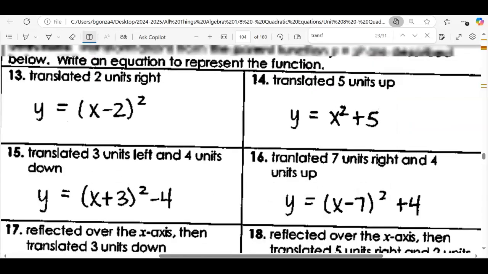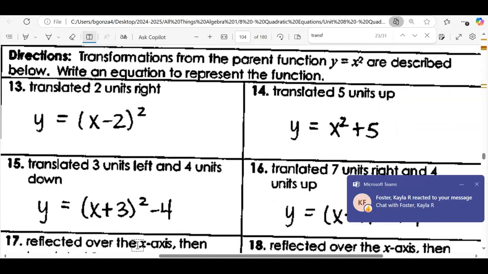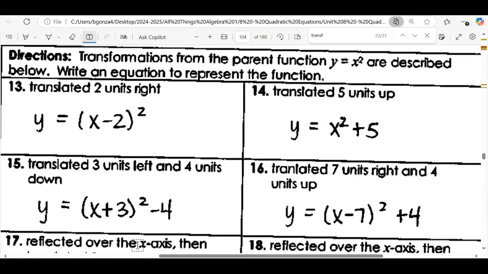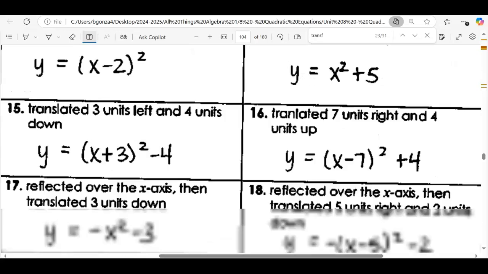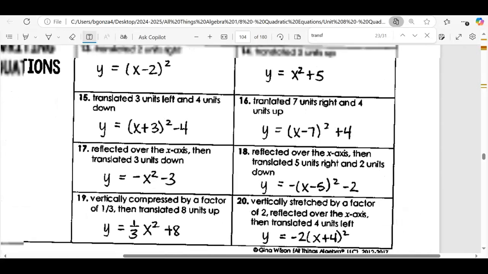All right, so those two: left means plus sign, down is minus, 7 right is minus inside, 4 up is plus on the outside. Okay, and here's the last 4.